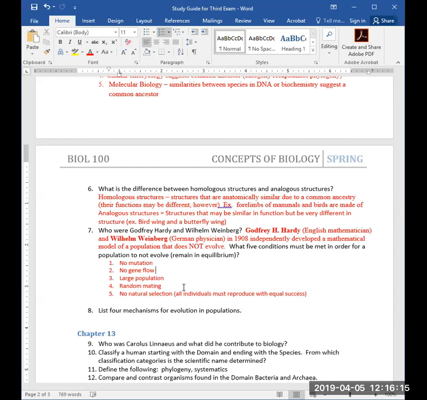So mating is random. There's no choice, no preference. And there's no natural selection, so all individuals reproduce with equal success. Of course, this doesn't really exist, but if we look at a population that has met these conditions, that population won't evolve.